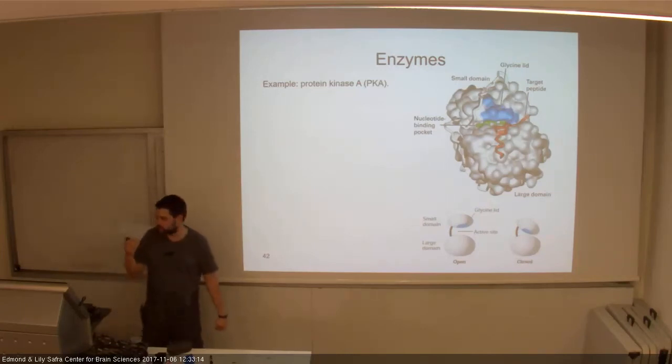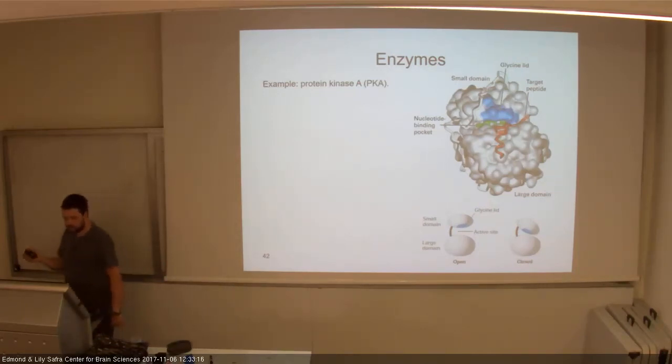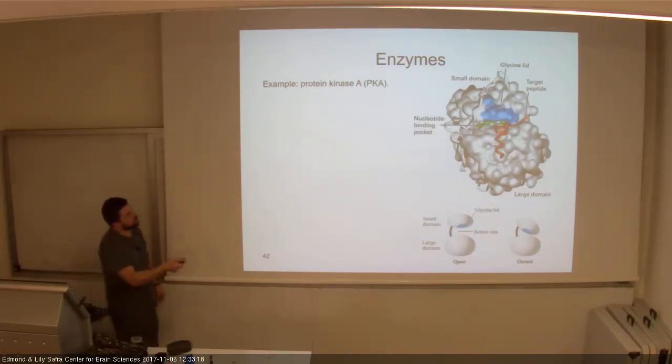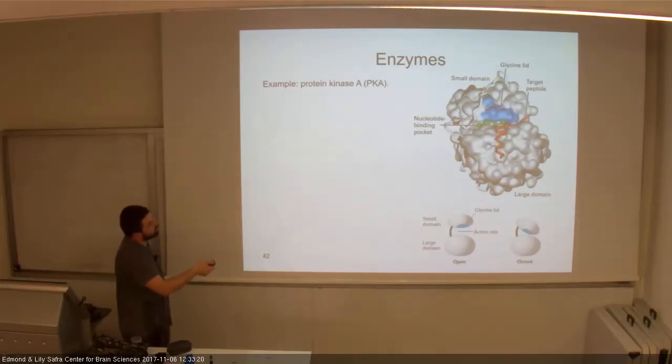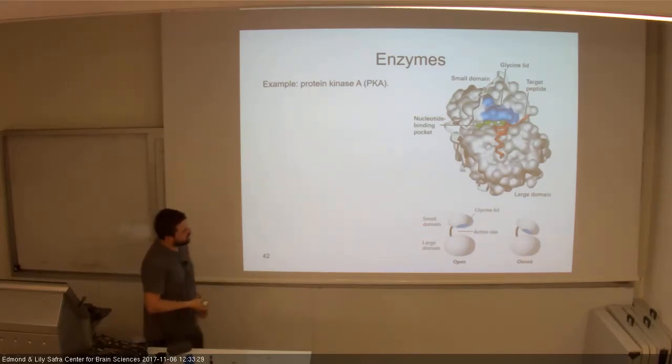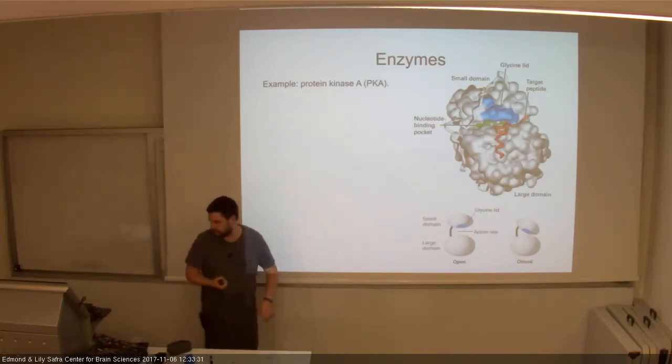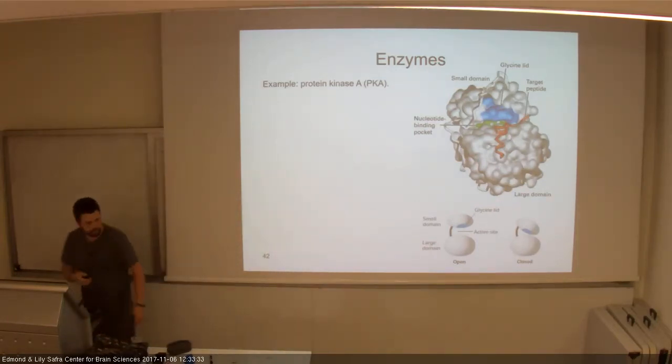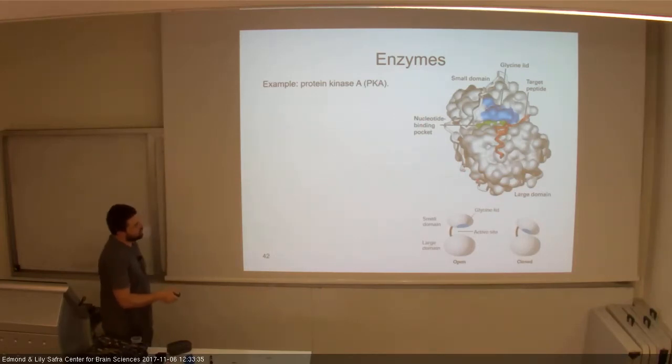So it transfers a phosphate group. This is a model of this PKA. It has two areas: the large domain and the small domain. Domains can have stupid names, but they help us define the protein.